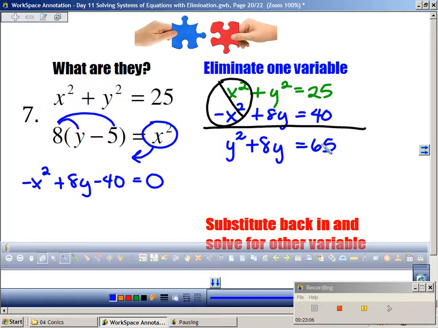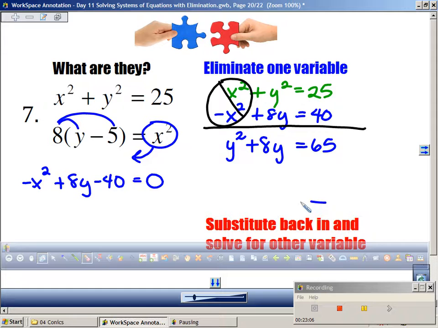This is Y squared. It's like saying there's bunnies, there's a bunny, and then there's a rabbit. 8 rabbits and a bunny. You know what I mean? Like, you can't combine those two. They're two different things. Y squared is different than, one of them is a line, right? And one of them is a square. You can't do that. So, did you guys see something that you could do?